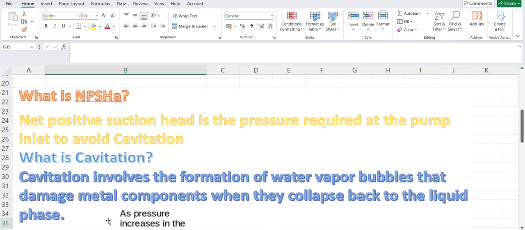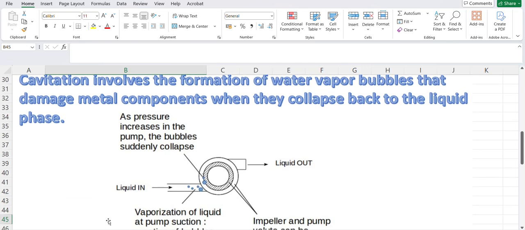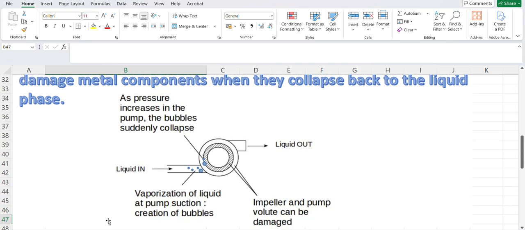So I will explain how the cavitation occurs with the help of a simple snap. When liquid enters, it contains some air bubbles or vapor formation, technically called cavitation or cavity, that enters through the impeller eye.